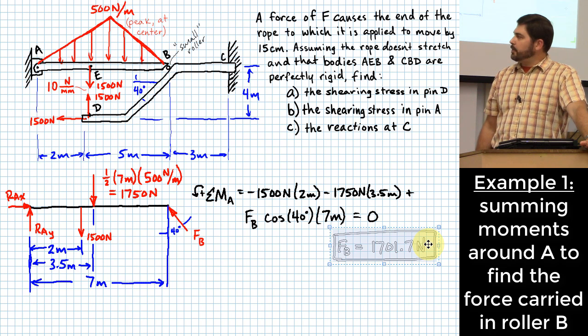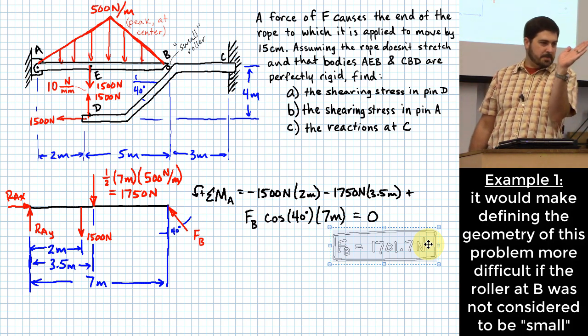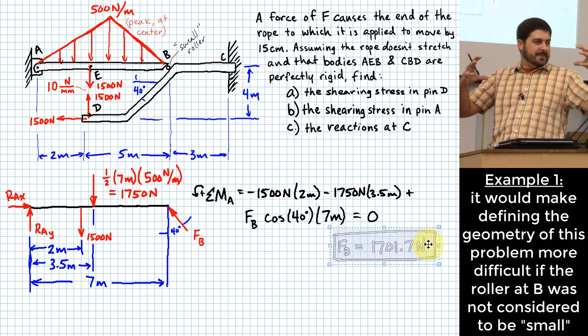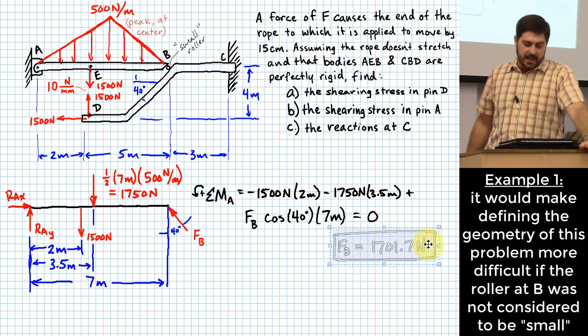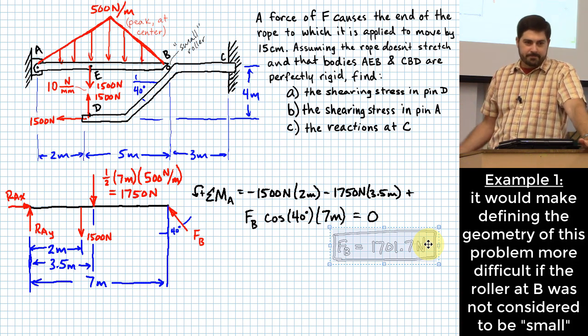Okay, so there's a reaction that I have right there, a force between the roller and that other part. And by the way, there's that word small again. Why do you think it's important I say that's a small roller right there? Yeah, it might make a difference in terms of where exactly that force is applied if that roller was really big, right? So I'm just indicating I don't want you to think about the size of that roller being an issue in this problem. Yeah.